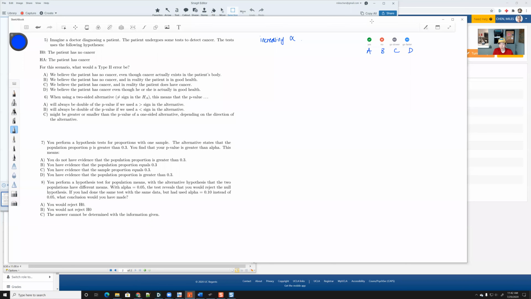Increasing alpha increases the probability of type 1 error, and with everything else equal, decreases type 2 error.